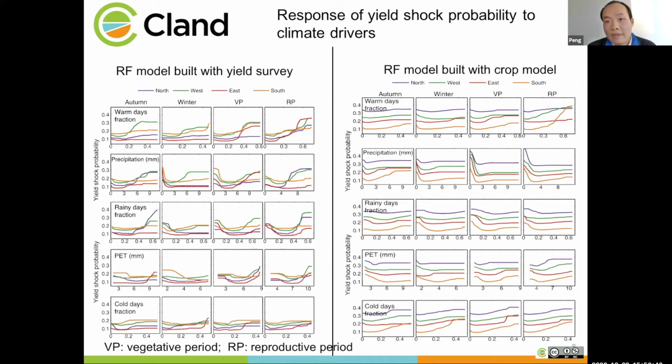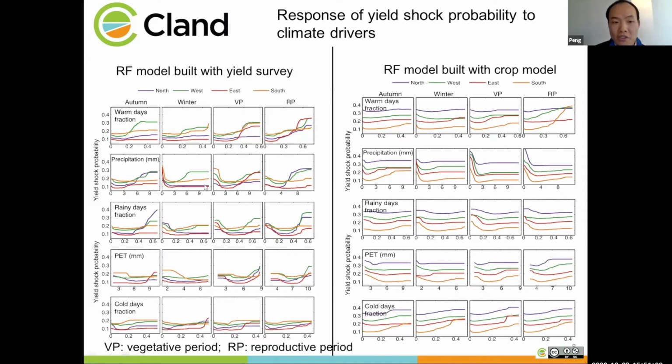So we can see in the left panel, it's the yield shock prediction with the yield survey, and the right is based on the crop models. Generally, warmer days correspond to a higher yield shock probability, but the crop model shows a weaker response to warm stress.